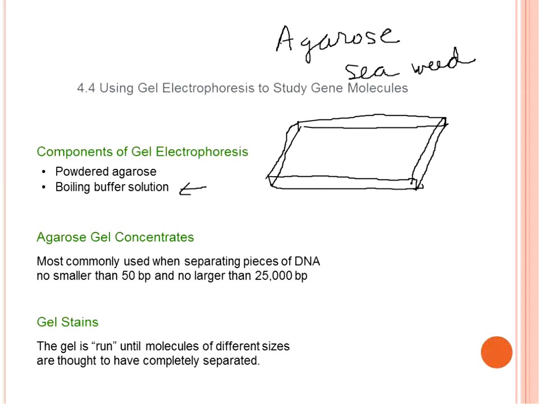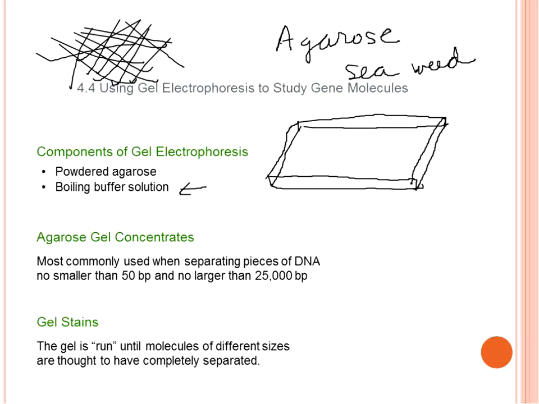And then, because it's a polysaccharide, inside the gel is literally a matrix of long chain polysaccharide molecules. You allow the DNA to migrate through this, what I would term an obstacle course.